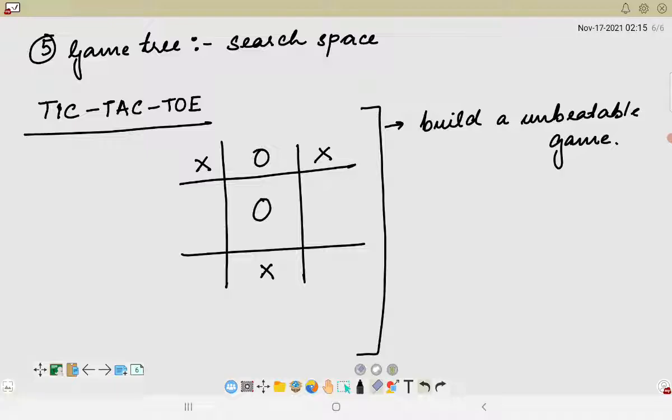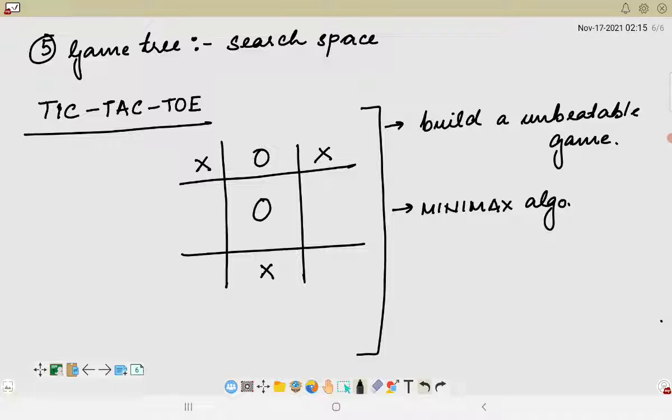We have to then create an algorithm for the same and use some metric to determine the best possible move. In order to experiment with these kinds of scenarios, we will be introducing the first type of game playing algorithm, which is the Minimax algorithm. The Minimax algorithm will help us build an unbeatable game of tic-tac-toe.